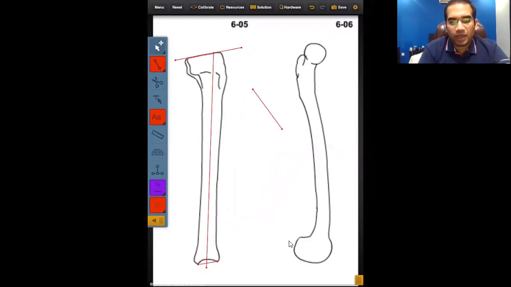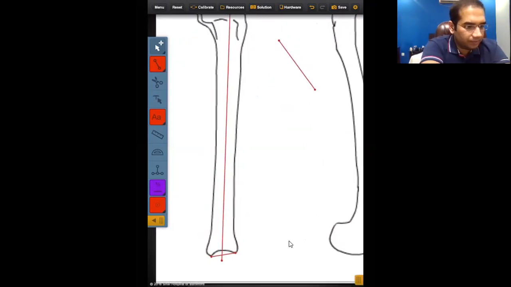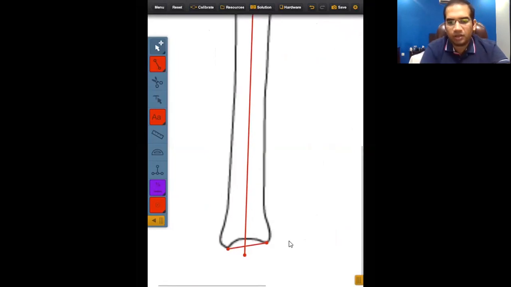And now we have to see where these lines join the joint orientation lines, where this line crosses the joint. Distally, as you can see, this line has crossed the ankle line in the center. This line has divided the ankle into 2 halves, anterior and posterior.